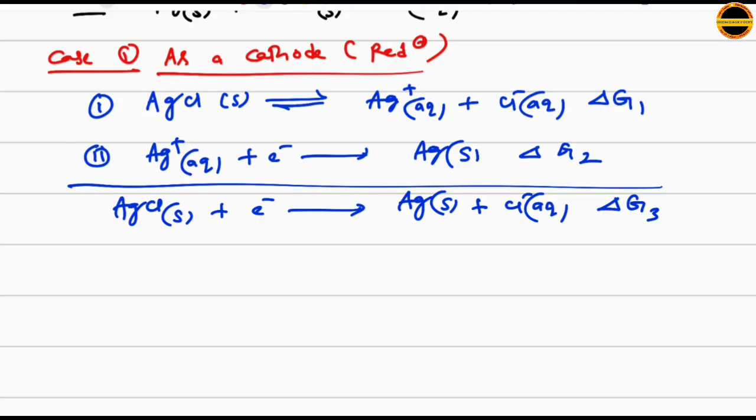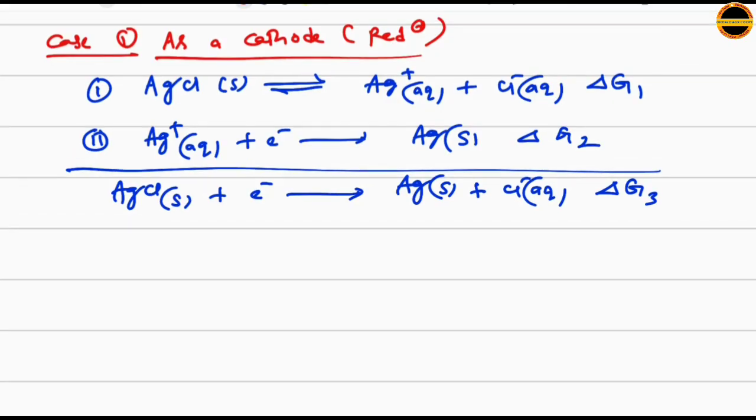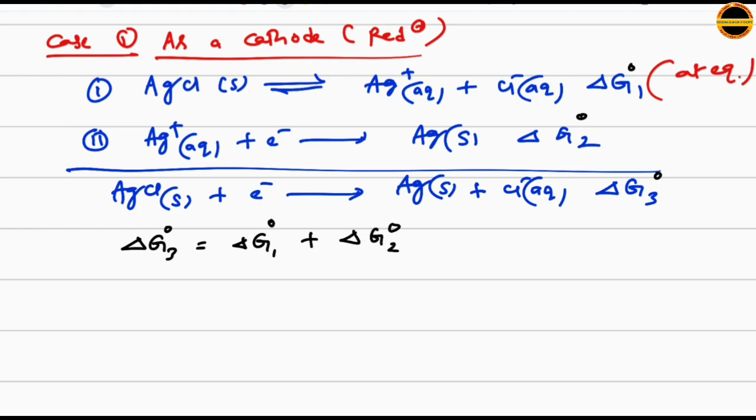Now here we know the reaction is at equilibrium. Whenever a reaction is at equilibrium, we know the formula minus 2.303 RT log Ksp. So delta G3 is equal to delta G1 plus delta G2 in standard form. What is delta G3 here? I can write it in terms of NFE naught cell, because we know delta G is minus NFE naught cell.